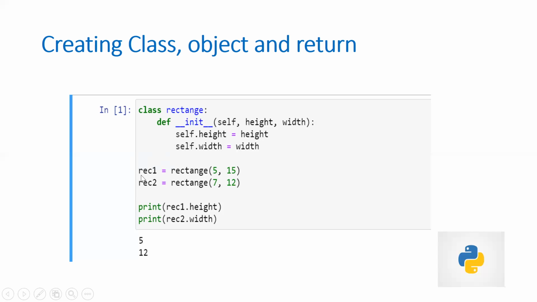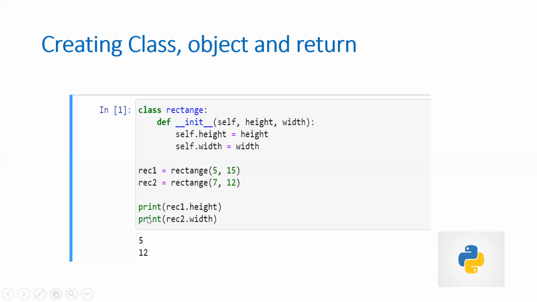The first object name is rec1, our first created object under the rectangle class, and now we are passing some values: 5 is for height and 15 is for width, just random values. Then I created another object and passed it through the rectangle class.